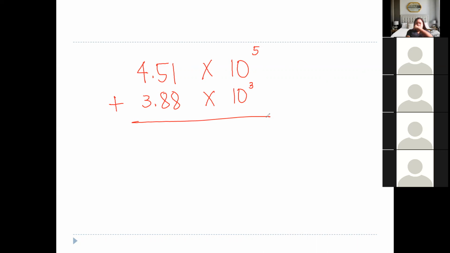This is addition: 4.51 times 10 raised to the power of 5 plus 3.88 times 10 raised to the power of 3. It will be good if you will be doing the manual computation so you get used to cases that require a solution and you know what to do. Okay? I'll be waiting for your answers.